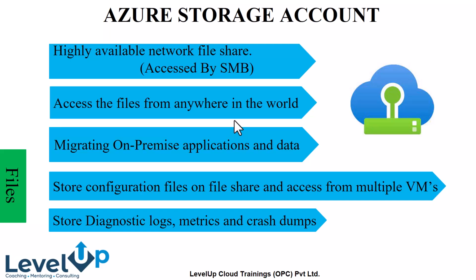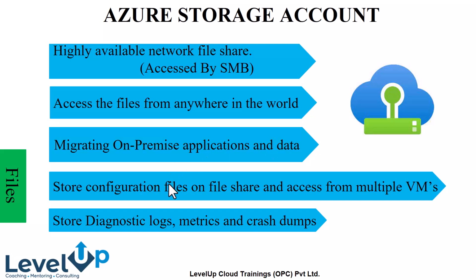All you need to do is mount the file storage onto your server, and you can simply move the files from one folder to another folder. Whatever files we mount, all the data would come to the cloud. We'll look into this once we see the hands-on exercise, and it will be easy for you to understand.